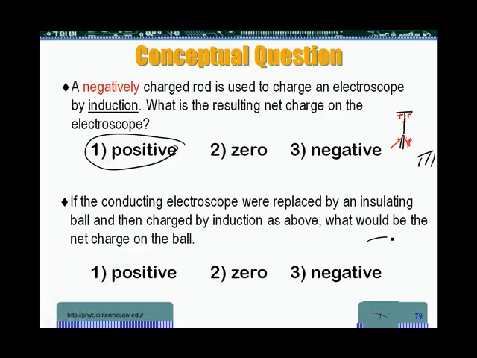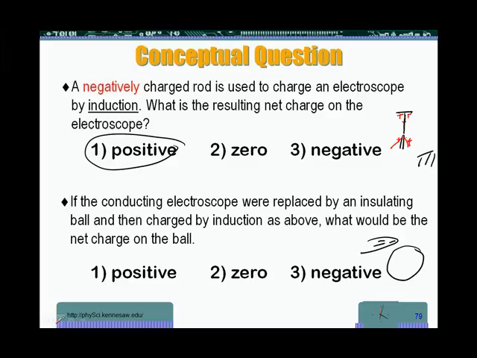So what they are telling us is, what if I bring a negative charge next to an insulating ball?